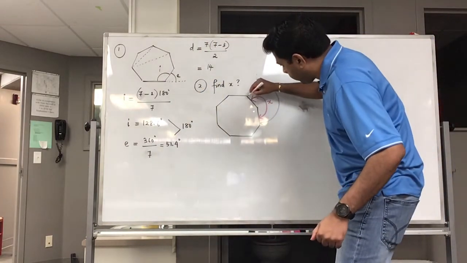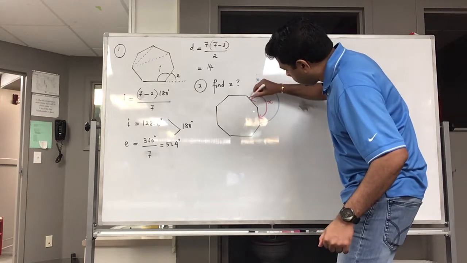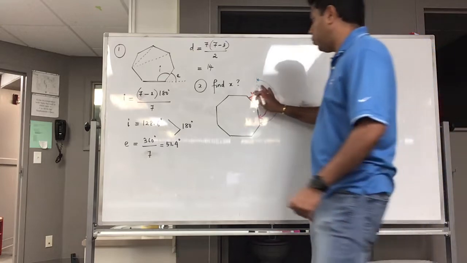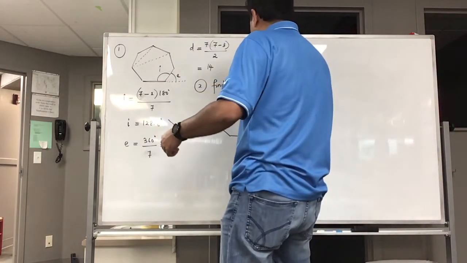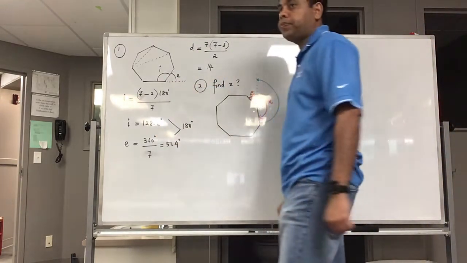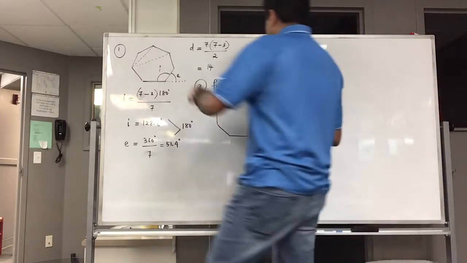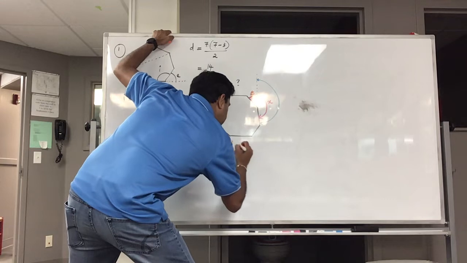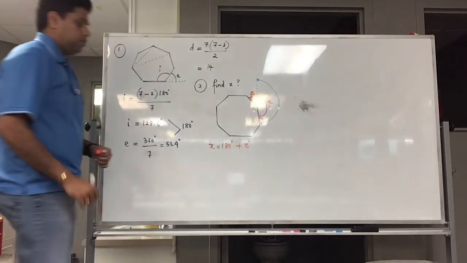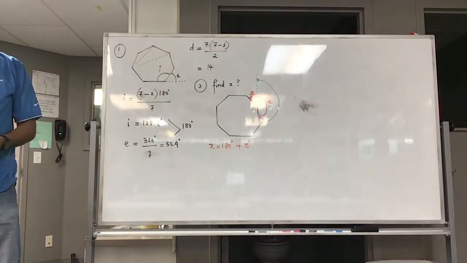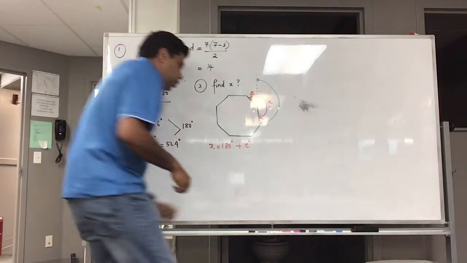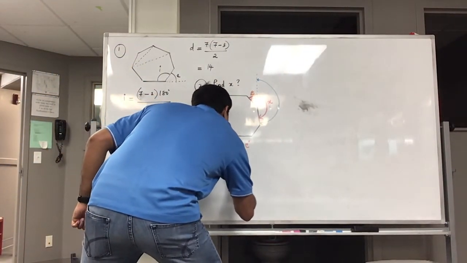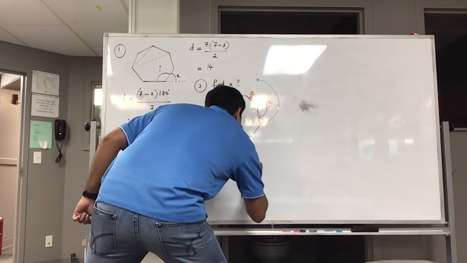This is my exterior angle. Do you guys agree? This is my exterior angle, which we just did, right? The exterior angle here, which is this one. So, x is equal to 180 degrees plus the exterior angle. Am I right? That's the logic. So the exterior angle is 360 divided by 8, which is 45.